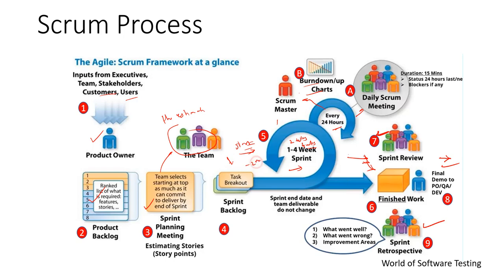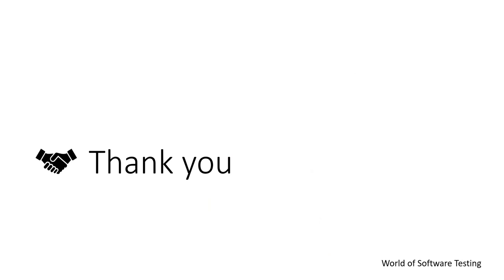Then the second cycle will get started, and again there will be a daily scrum meeting conducted by the scrum master. In this way we are going to complete all the sprints, and once all the sprints and release cycles are completed, the client will get the complete software with all the functionalities. So that's it for the scrum process here.